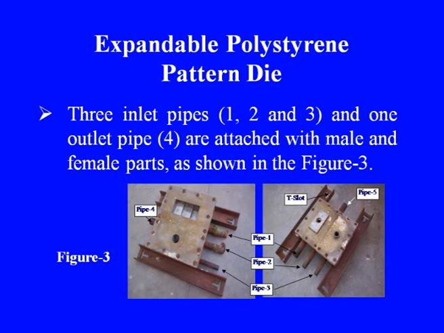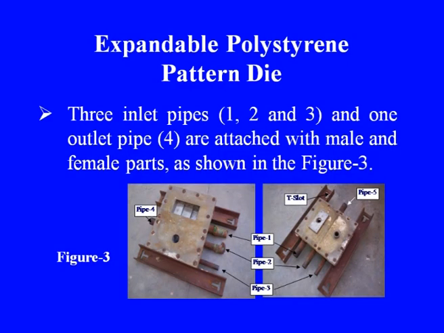There are 3 inlet pipes 1, 2 and 3 and 1 outlet pipe 4 attached with male and female parts as shown in this figure. These are inlets, this is the outlet.